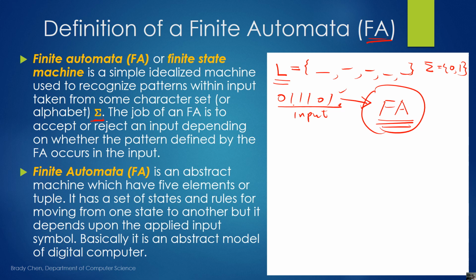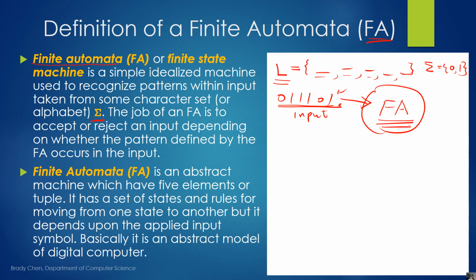If the string is part of the language, then we accept the string. If the string does not meet the criteria for the language and it's not part of the language, then we reject. That's the purpose of finite automata.